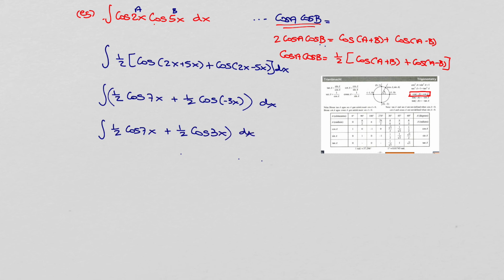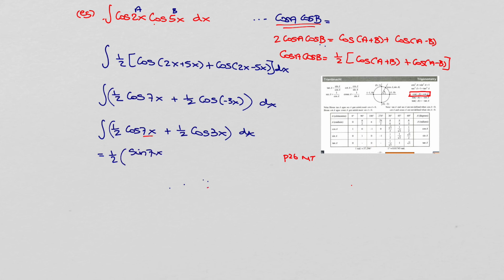Okay, so now we have separated everything out into something that can be integrated. We're ready to integrate. So if we go to page 26 of our maths tables, and we look at cos, if we integrate cos, we get sine. So it's going to be a half, and if I integrate cos, I get sine 7x.